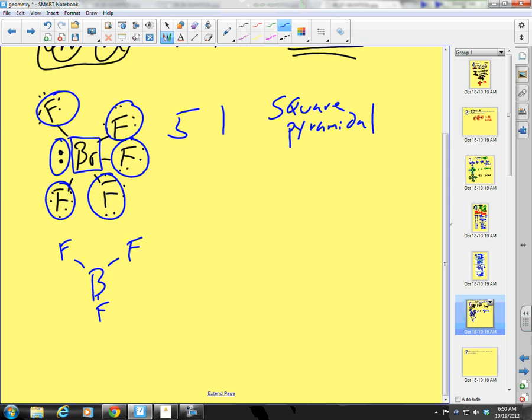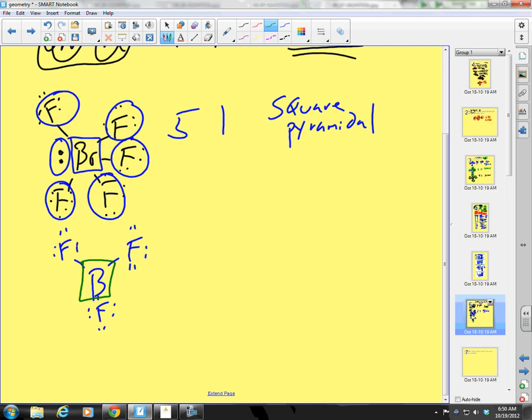Bond that there. Good. Complete my octets. Do I complete my octet on a boron? No. Boron wants how many electrons? 6. Does it have 6? Yes, it does. So now we count. 2, 4, 6, 8, 10, 12, 14, 16, 18, 20, 22, 24. 24 electrons. That's a beautiful picture.